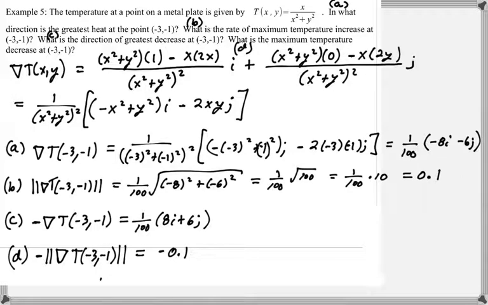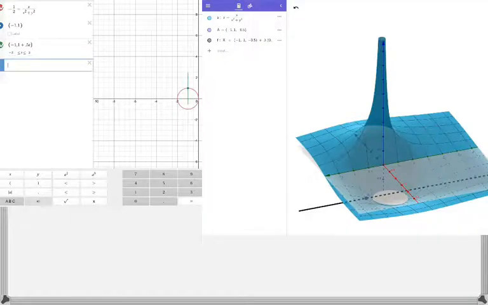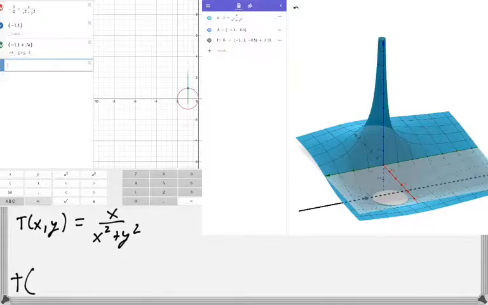Okay. Now I'm going to skip over one slide, and we're going to take a look at our temperature function. So we have the temperature at x comma y is equal to x over x squared plus y squared. So the temperature at -3 and -1 is going to be, was it -3 and -1?